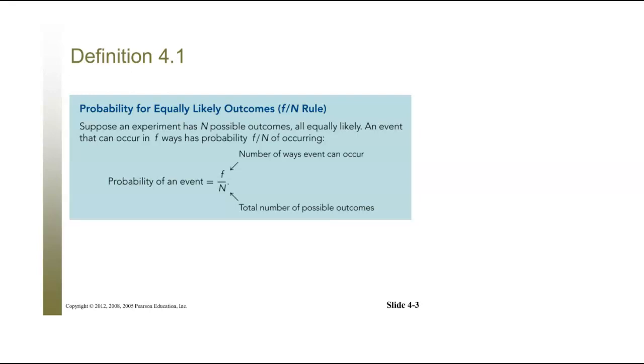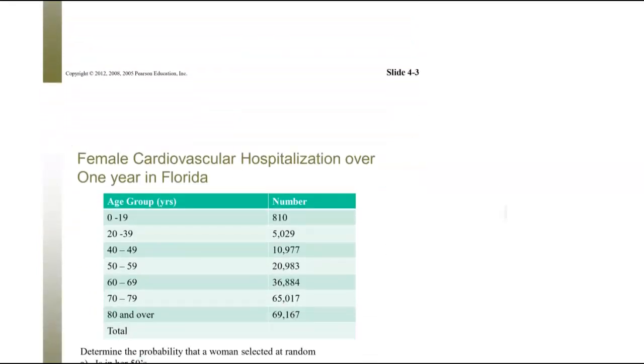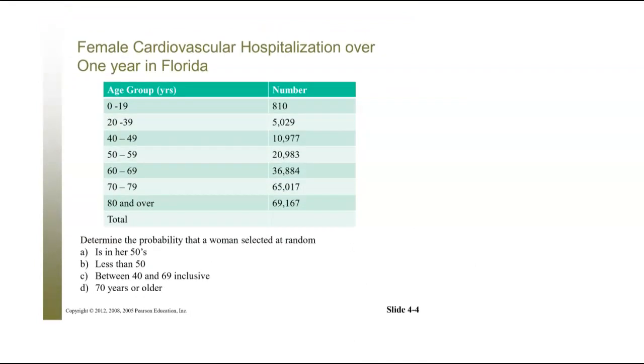So the first way we're going to look at probability is something you're familiar with from when we worked on frequency tables back in Chapter 3. So let's suppose this table represents the female cardiovascular hospitalizations over one year in Florida.